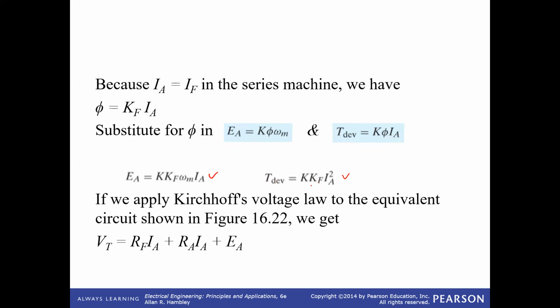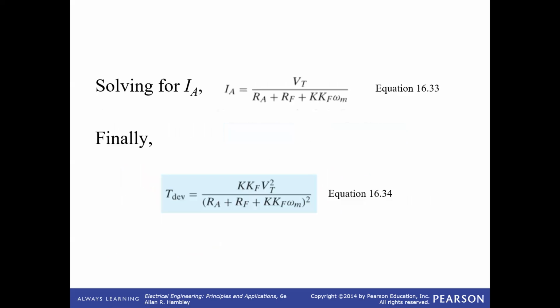And finally, when we apply Kirchhoff's voltage law to the equivalent circuit, VT is equal to RF IA plus RA IA plus EA, and then substitute this EA and IA into these two, so we will obtain the torque speed equation.